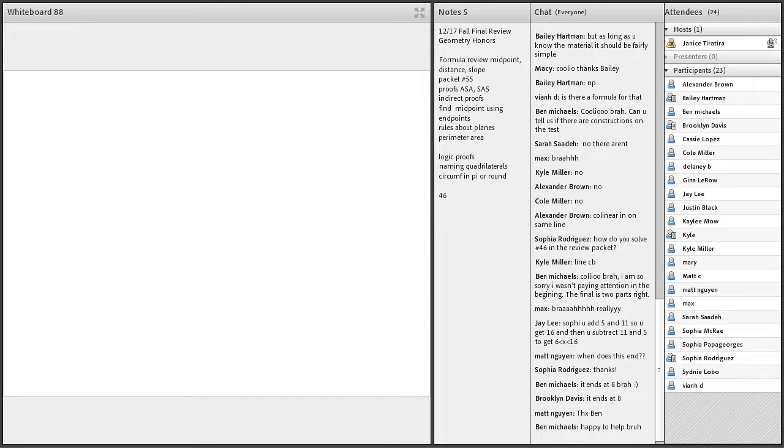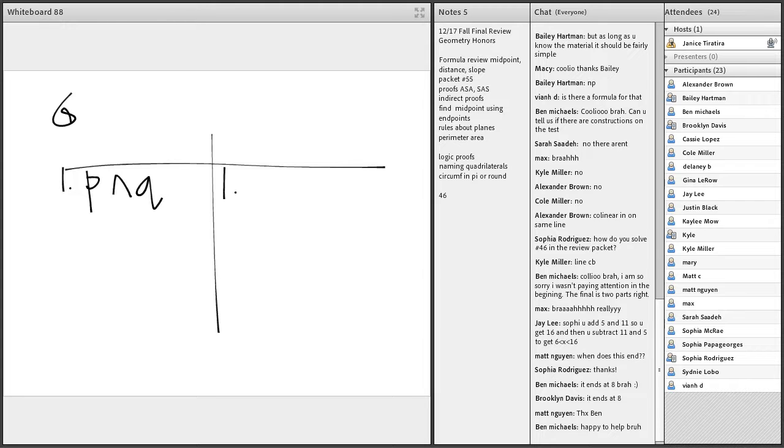Okay, is there a full-on one? There's a few. Oh, there's one logic one. This is from the packet, number 9. So here's the given. I'm going to write it out actually here right away. Look at that. I already know what to do with that one because that is an and. Already in my mind, it just popped up. I could just choose the left side.